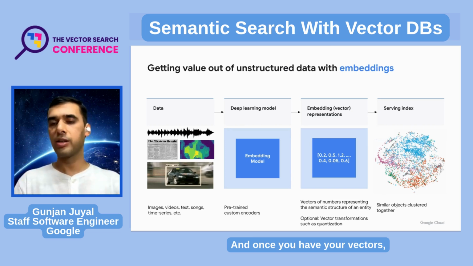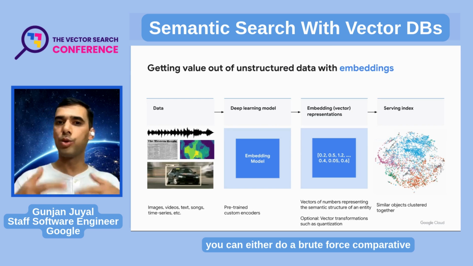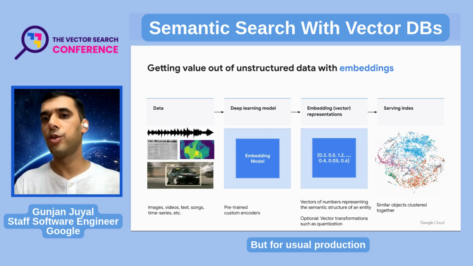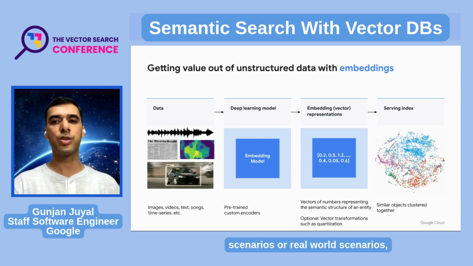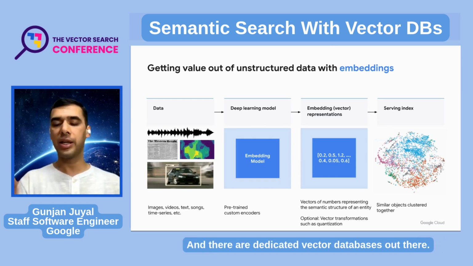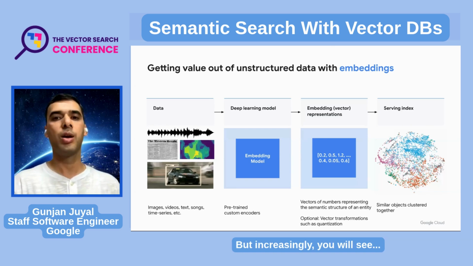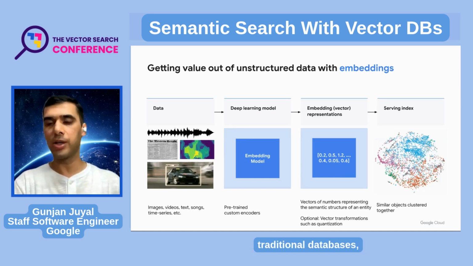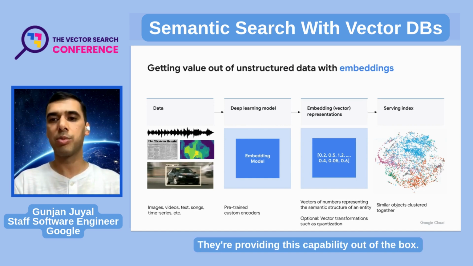And once you have your vectors, you can either do a brute force comparative search between them using vector similarity. But for usual production or real world scenarios, you will need to create a vector index or a serving index. And there are dedicated vector databases out there, but increasingly you will see the most popular OLTP traditional databases, Postgres, MySQL, SQL Server, providing this capability out of the box.